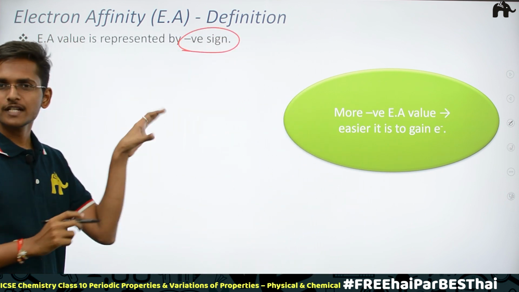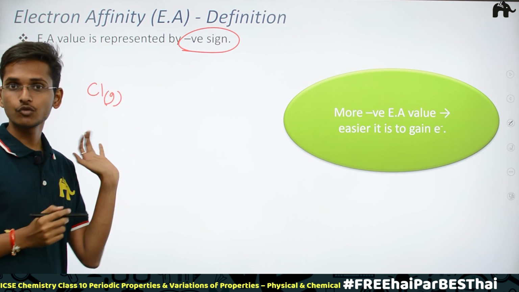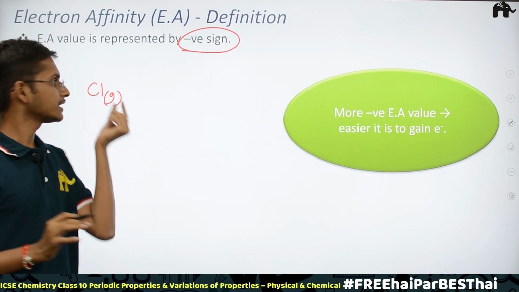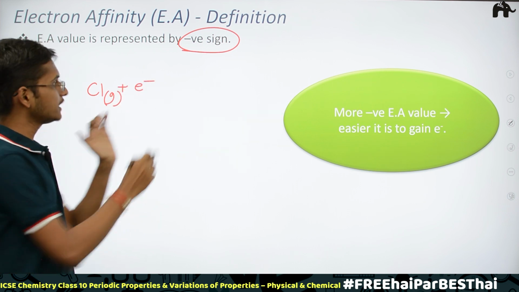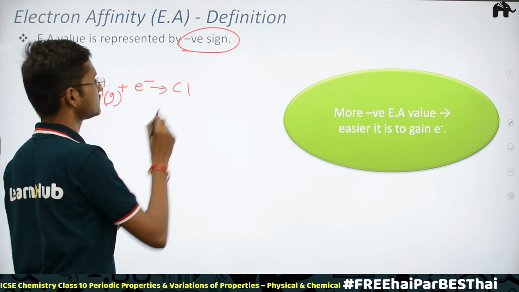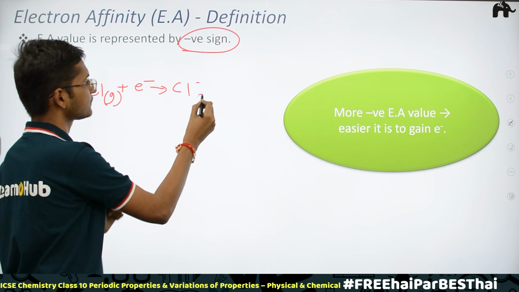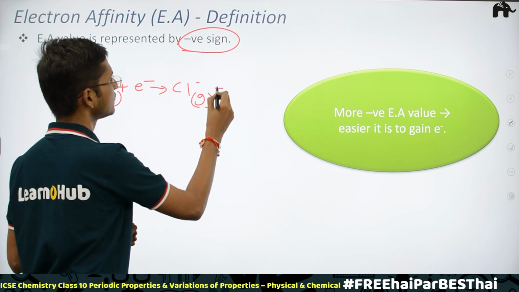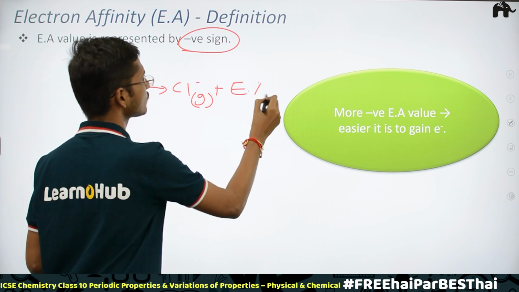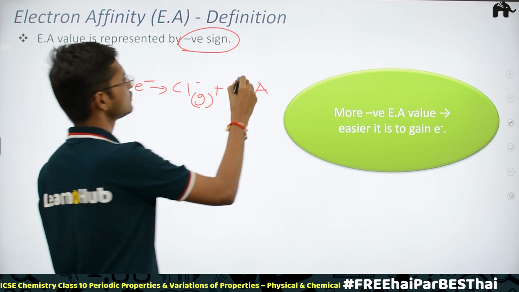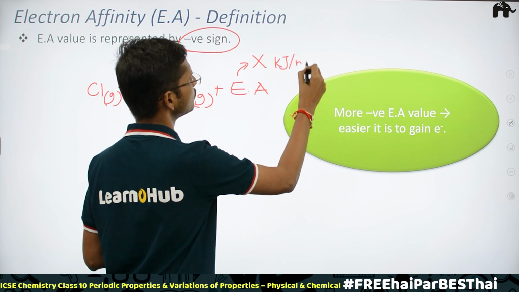Let's try to understand this with the help of an example. This is a chlorine atom, a neutral isolated gaseous atom. I am making it accept an electron, then it gets converted into a Cl minus ion, a negatively charged gaseous ion of chlorine, and with this it also releases energy, which is called electron affinity. Suppose this energy is x kilojoules per mole.